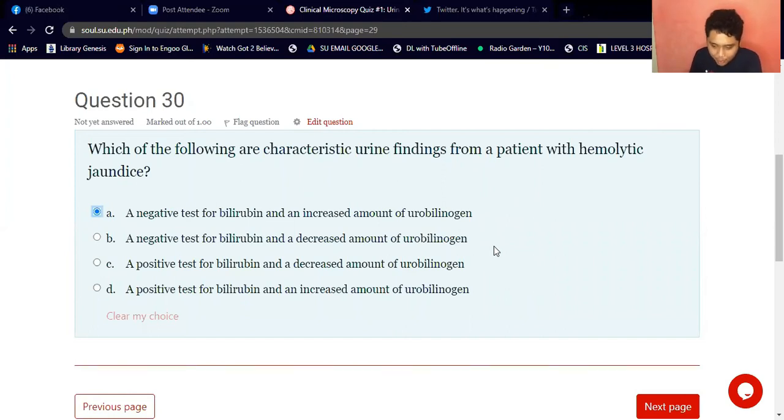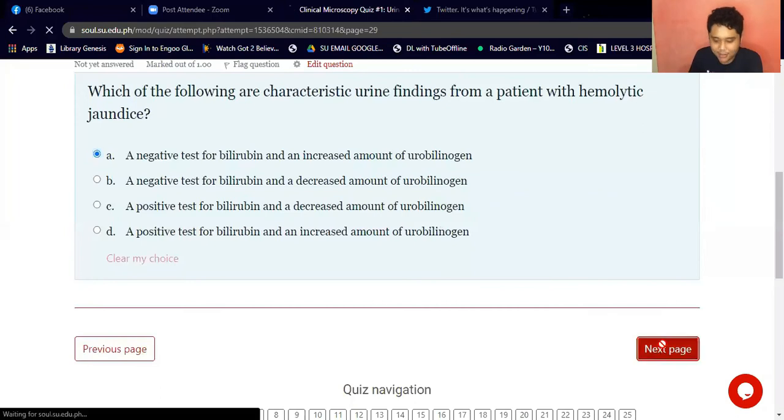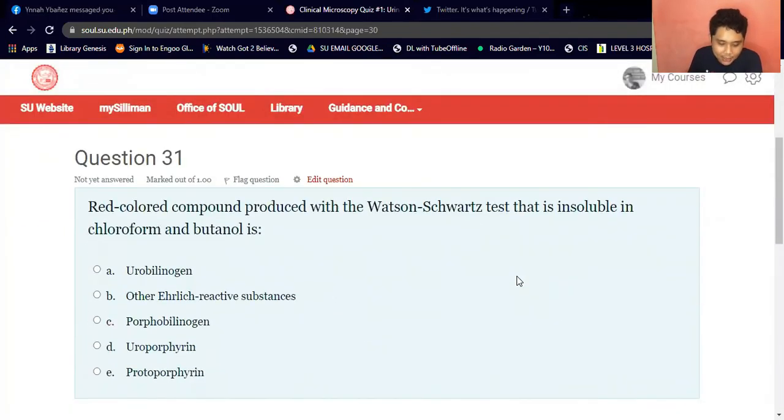Your liver is still working properly, so all the unconjugated bilirubin is converted to conjugated. And since a lot of conjugated bilirubin is produced, a lot of urobilinogen is produced and found in the urine. So it is negative for bilirubin because there is no leak into the bloodstream, but your urobilinogen is increased, so a lot of urobilinogen is detected.